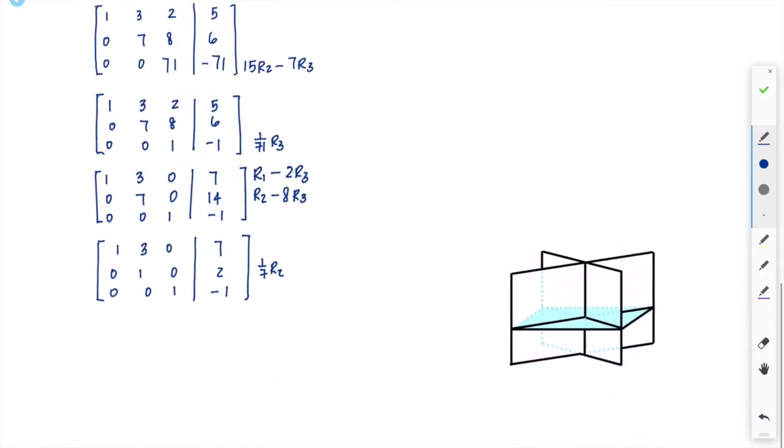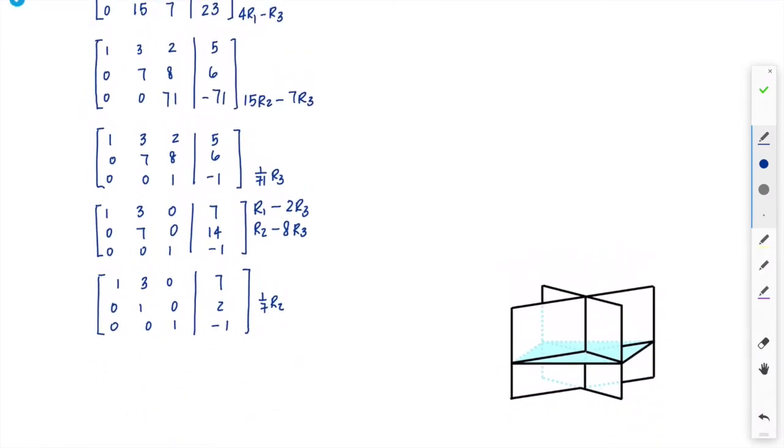Do I have room? I should be able to finish this on the next row. I need to eliminate the 3 in the first row, so R1 minus 3R2 it is. R1: 3 minus 3, 0, 0 minus 0, 7 minus 6 is 1. Very well.